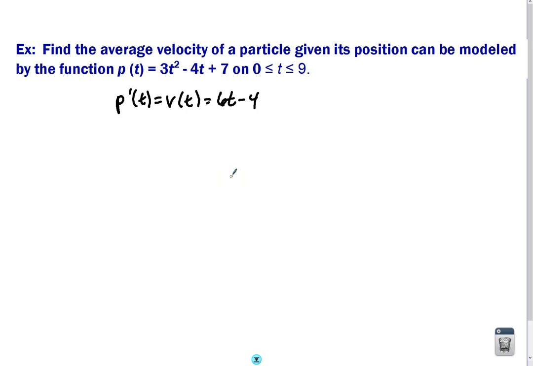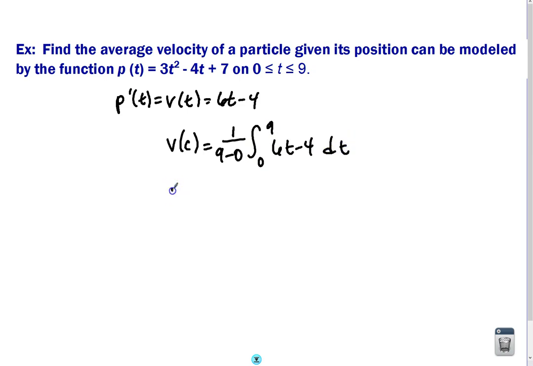Okay, and I want to find the average value of that from 0 to 9. So the average value of my velocity is 1 over 9 minus 0, integral from 0 to 9 of 6t minus 4 dt.